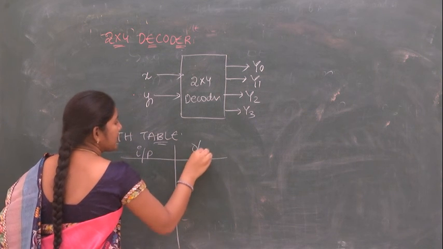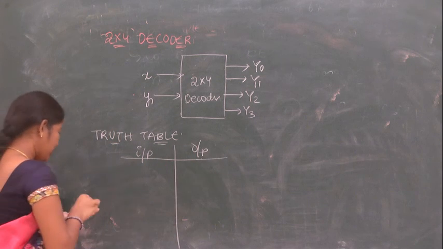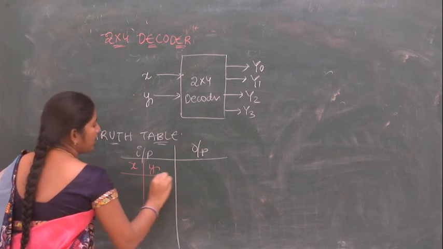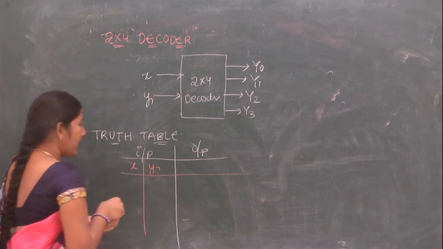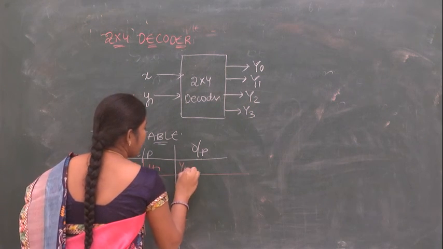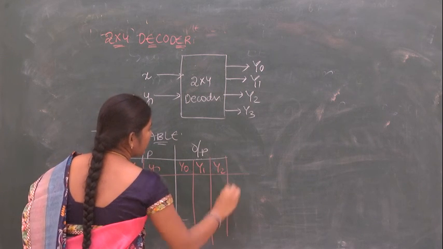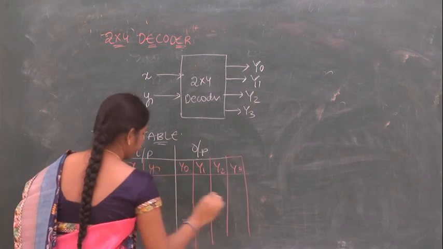A truth table always gives the relation between input and output values. Here the inputs are x and y, and the outputs are y0, y1, y2 and y3.